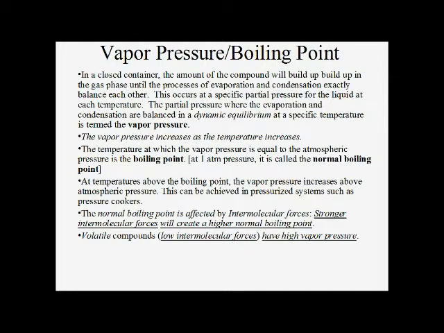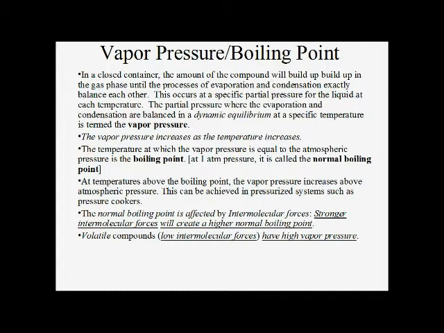So for a liquid to burst into the gas phase, it has to exceed all the intermolecular forces. So it's going to be harder for this to do it when we have stronger intermolecular forces. So stronger intermolecular forces will give us higher boiling points. So high boiling points will equal strong intermolecular forces.